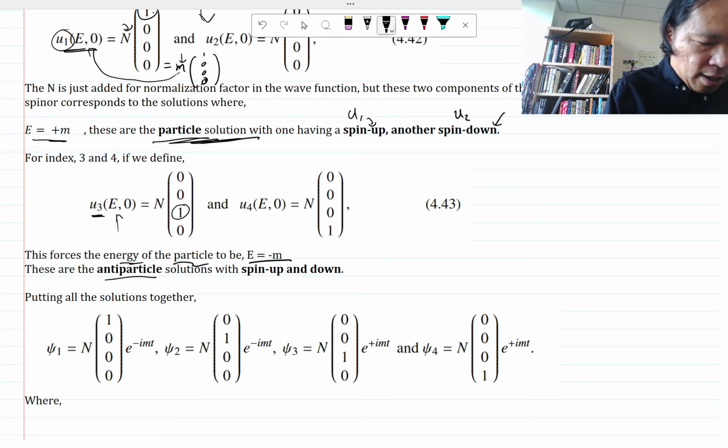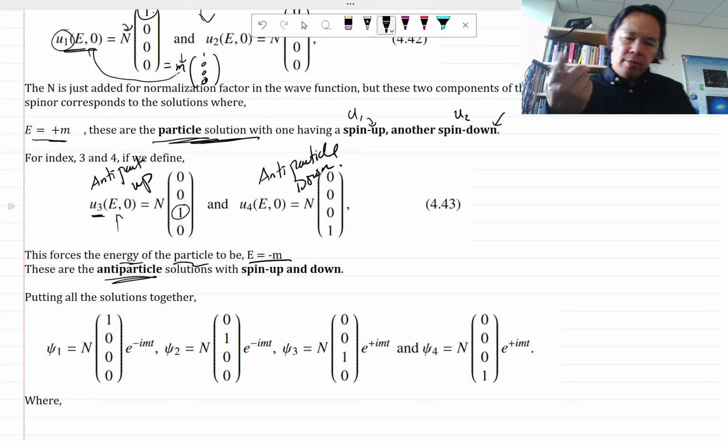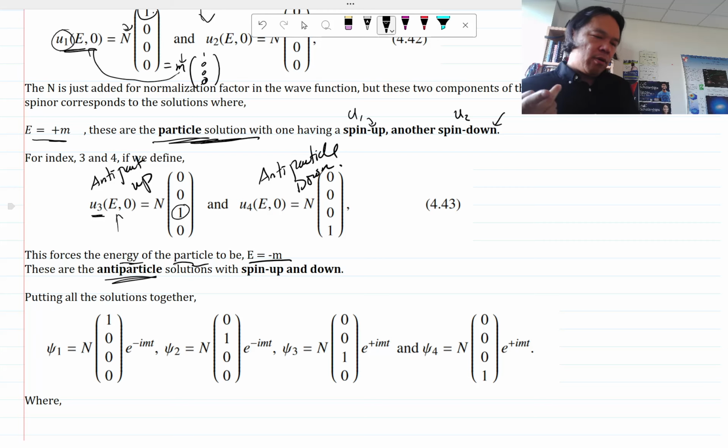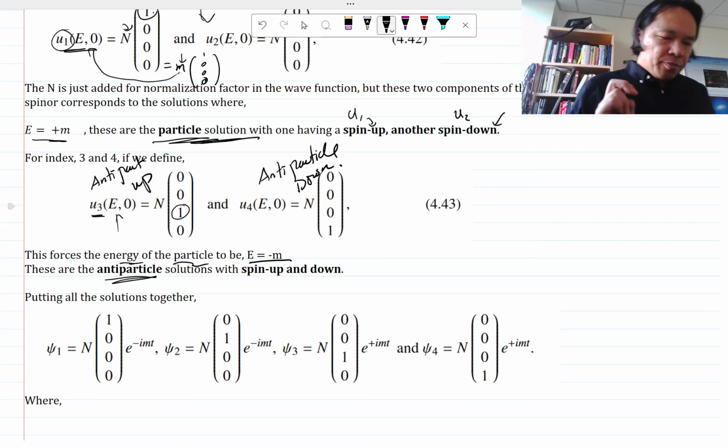So these are the anti-particle solutions, where this is the anti-particle but spin up, and this is for U4, the anti-particle but spin down. So there are 2 spin states and 2 possible particle types.